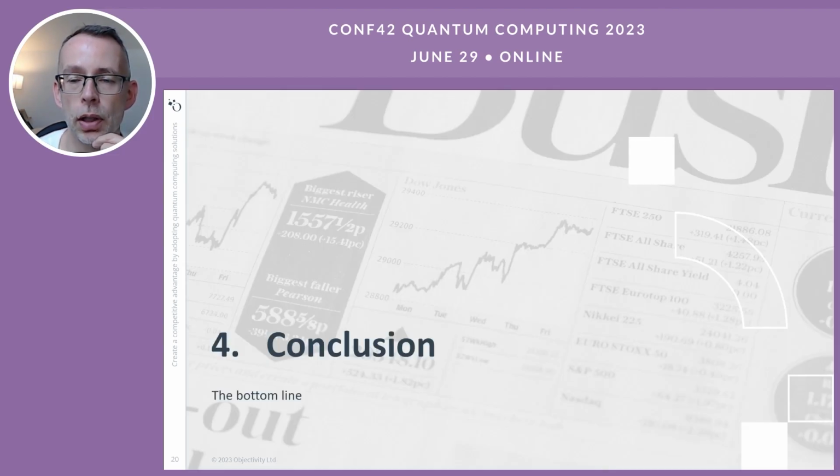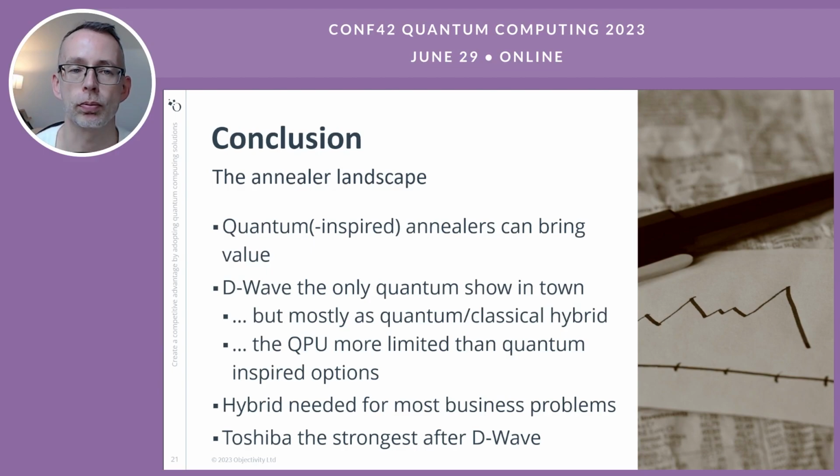So where does that leave us? Where does that leave us as to the annealer landscape? Well, first of all, quantum and quantum inspired annealers can absolutely bring business value, and in some problems are showing clear advantage, like feature selection.